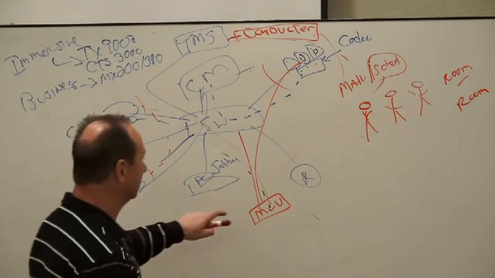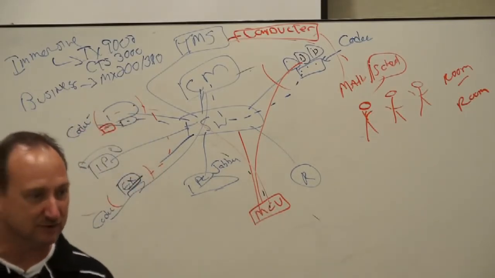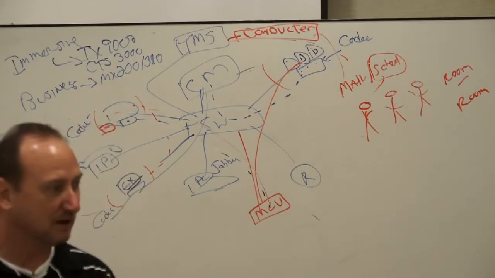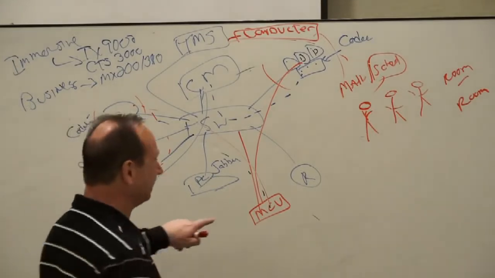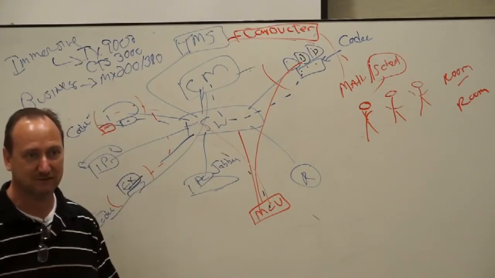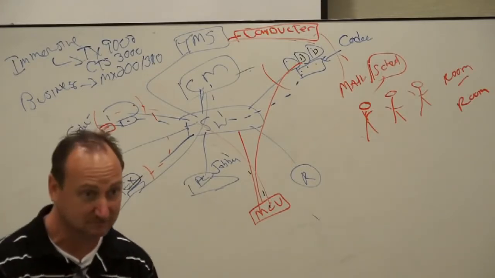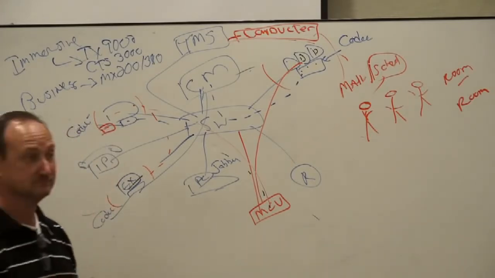Guess what, if I've got my CFO who has a meeting with my CEO, the policy might be, I not only need an MCU or a connection, I need something that's going to encrypt it. I need to make sure it's encrypted. And if I can't have it with encryption, I can't have the meeting because it's that important.